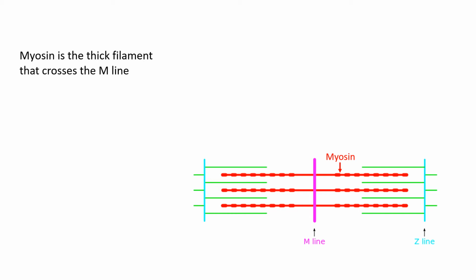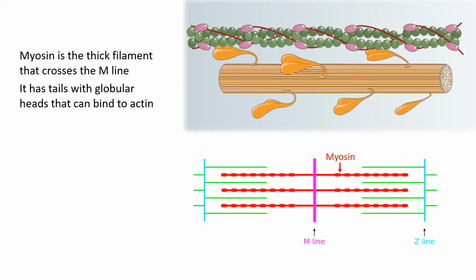So, myosin then. Myosin is that thick filament that does cross the M line. We said it has these myosin heads. Those heads are stuck up on little twisted tails. Normally, in a relaxed state, they're floppy.